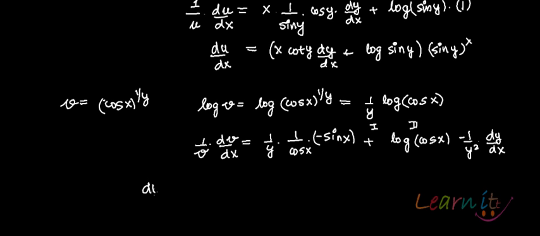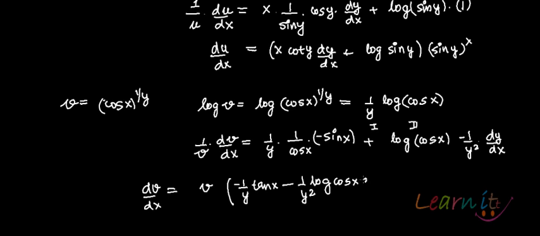So what is dv by dx? Is v into 1 by y, or rather minus 1 by y tan x, minus 1 upon y square log of cos x dy by dx.